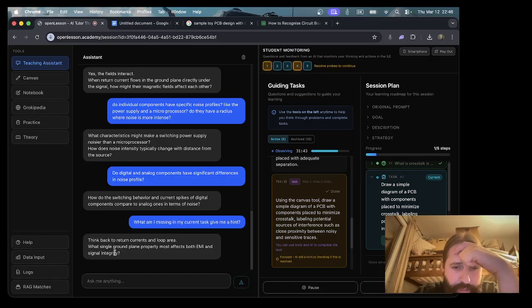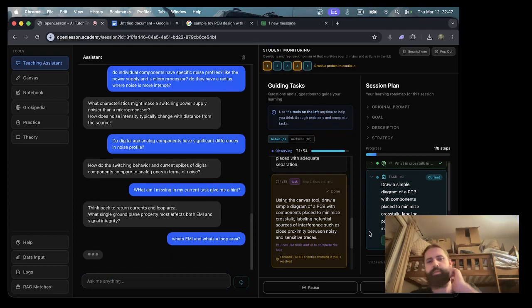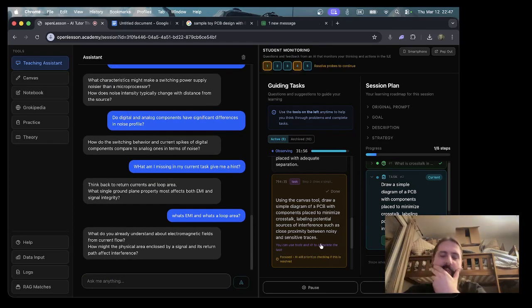What single ground plane property most affects both EMI and signal integrity? What's EMI? What's a loop? That's a good question. Oh, it's electromagnetic interference. Okay, probably.